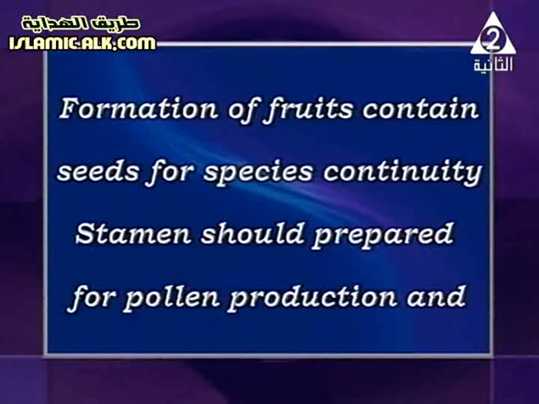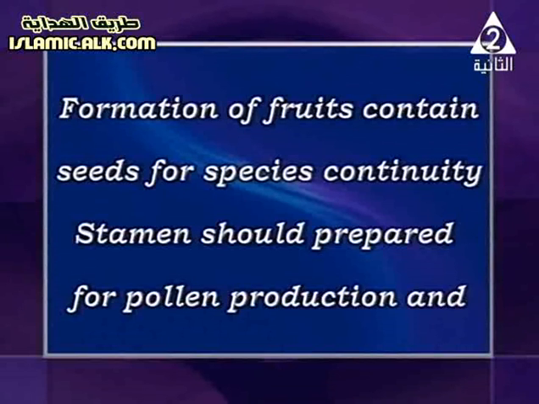So the main function of the flower is the formation of fruits that contain seeds for species continuity, for continuity of life. Suppose we don't have seeds, there would be no continuity of life for the different species of plants. Also the stamen should be prepared well for pollen grain production, to be produced and propagate in the air.